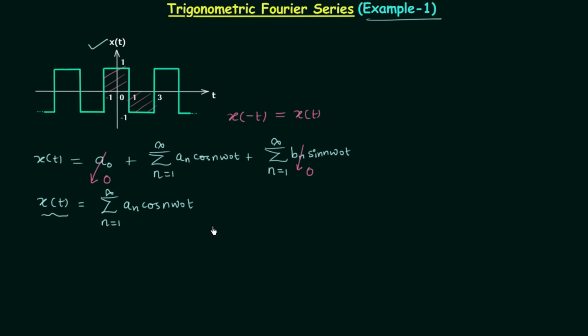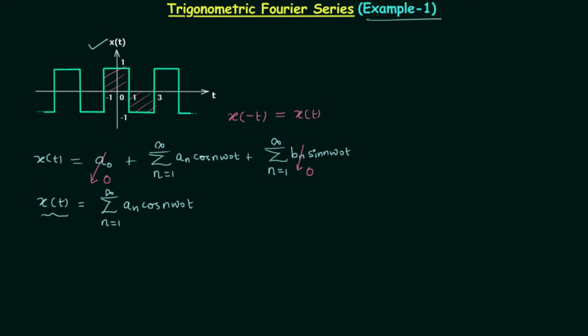So I hope you now understand the use of analyzing the given signal before performing the calculations. Even if you perform the calculation for a naught, you will find it is equal to 0, so you will end up wasting your time. The same thing goes for b n in this case. When you calculate b n, you will find it is also equal to 0. So always try to analyze the given signal before performing the calculations.